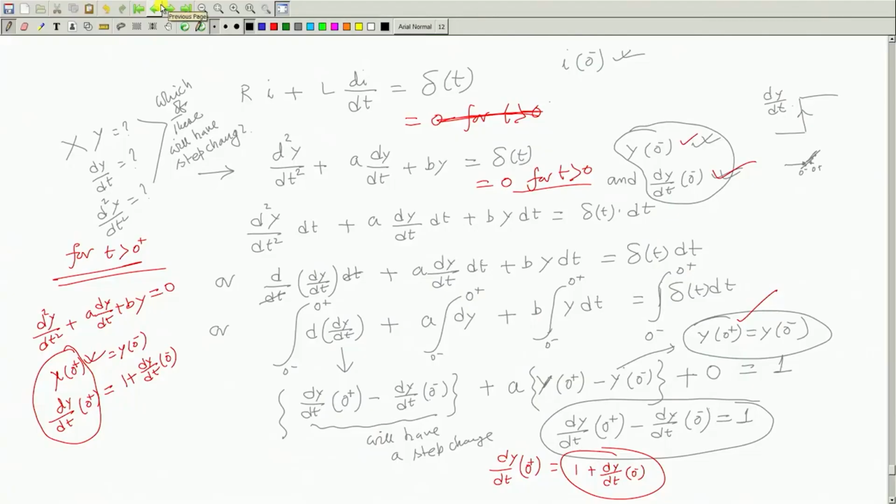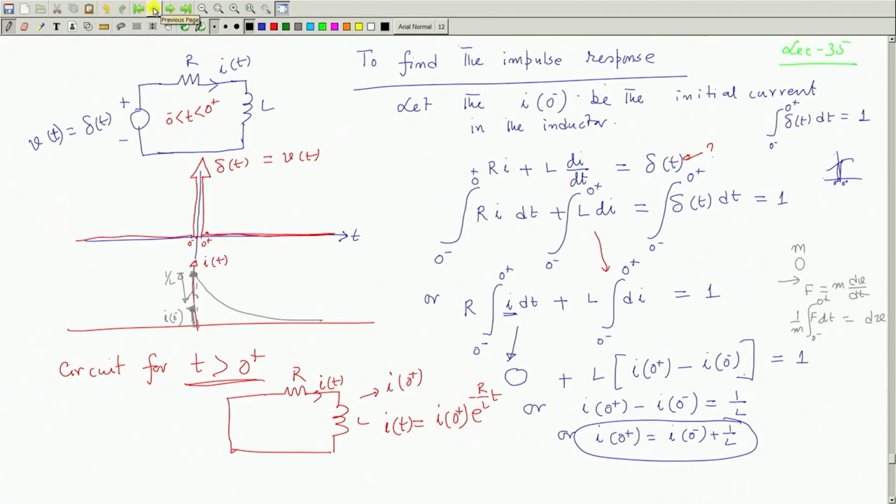Welcome to lecture number 36, and we have been discussing how to solve differential equations in the time domain when the excitation function is an impulse function. Today I will highlight, for example, an RL circuit where an impulse is applied.